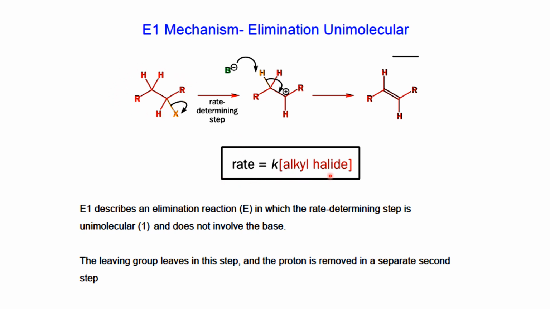Therefore, the rate depends only on the concentration of substrate. Now, E1 describes an elimination in which the rate determining step is unimolecular and does not involve base. The leaving group leaves in the first step and the proton is removed in a separate second step. So, it is a two-step mechanism. So, this is what is meant by E1 mechanism.